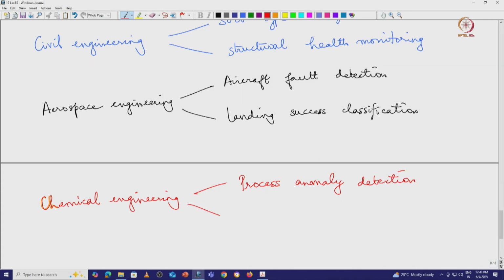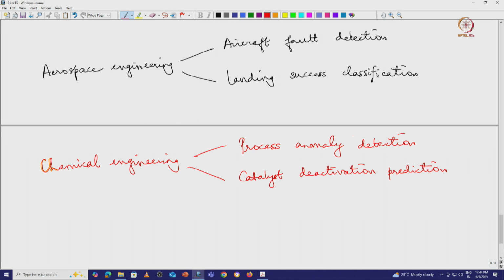So, an ML model could be developed. The other is, let us say, a catalyst deactivation prediction. So, you have a reactor where a catalyst is being used and then over time it may get deactivated, it may lose its efficiency. So, you want to detect and understand whether it has really happened or not. So, that could be an example in industry in chemical engineering.